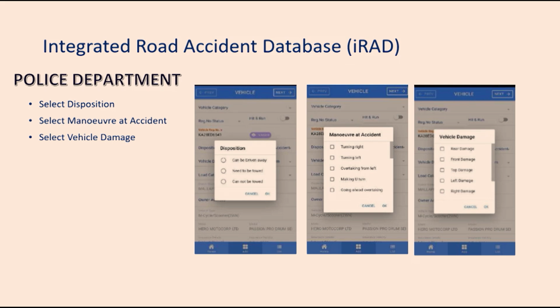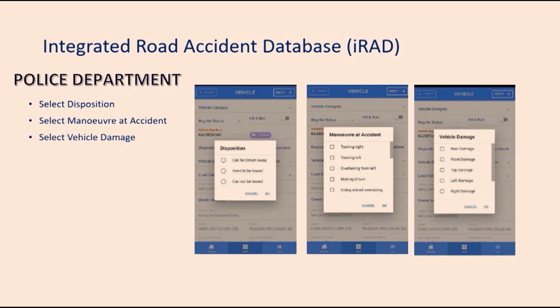Then the police department. This is additional information that will come under the MVI or the police department: the vehicle condition, whether it has been taken away to the police station, because you cannot leave the vehicle there, whether the vehicle was in a condition where you can drive, or sometimes you need to tow the vehicle and take it to the station.